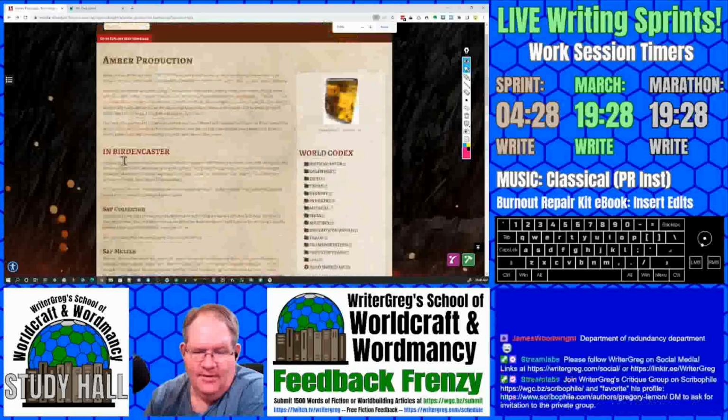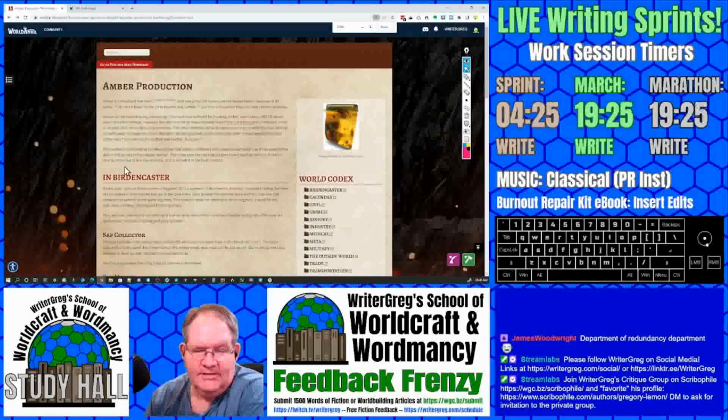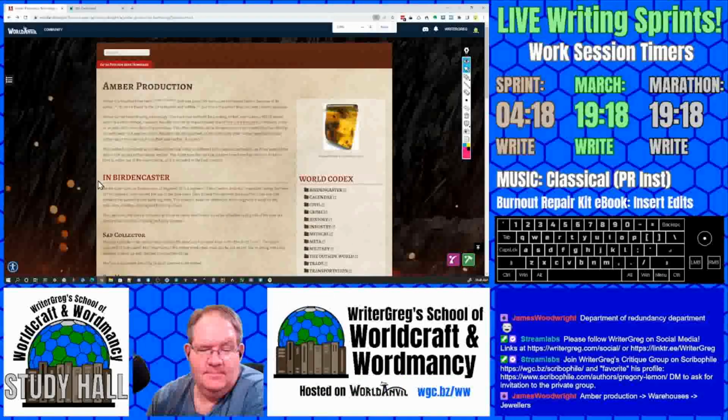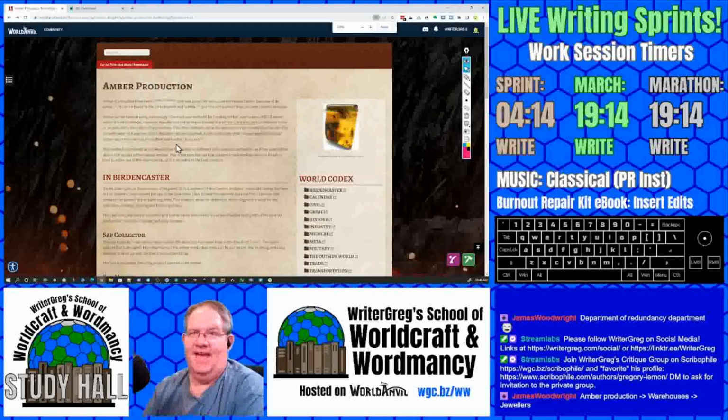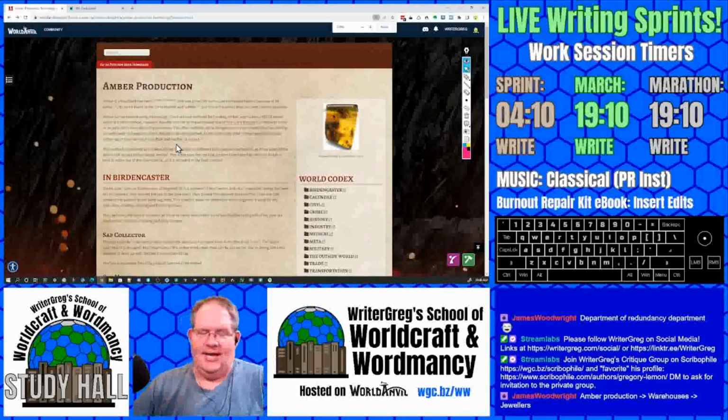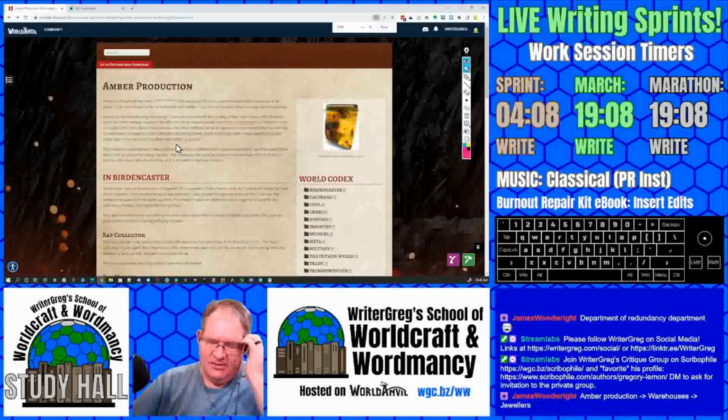Okay, fun article. What's awesome about this? I did not know amber could be produced artificially. I do like how you found two methods for creating the artificial amber and how one of them can't be done in your world.